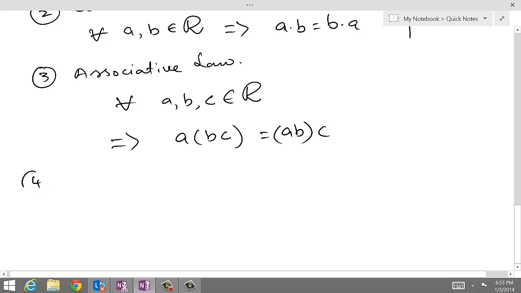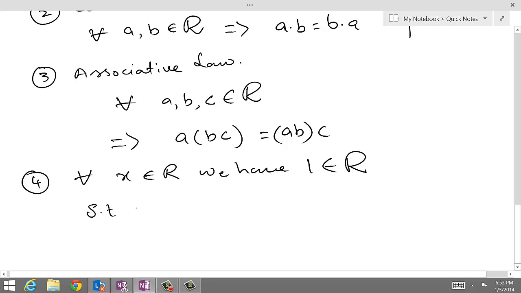And number 4, multiplicative identity. For all x belonging to R, we have 1 belonging to R. Again, 1 is a very special number such that 1 when multiplied with x from left side or multiplied with x from right side, that doesn't make any difference, and that's again equal to x.